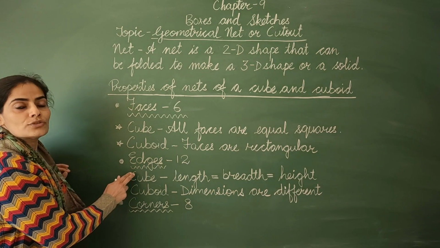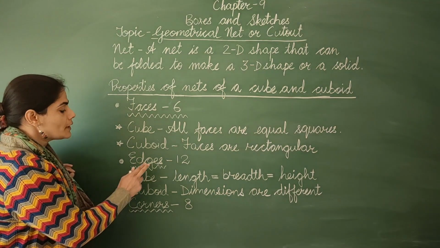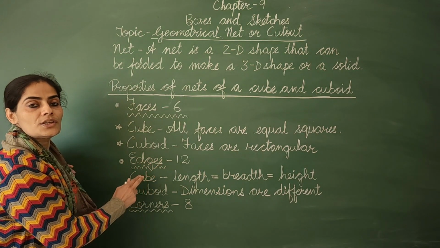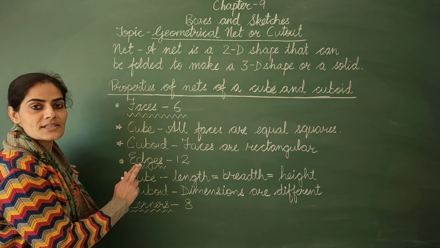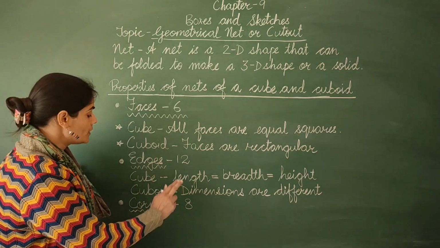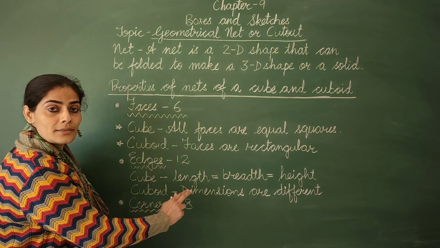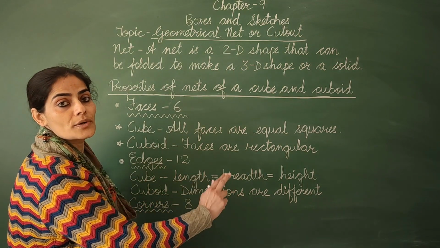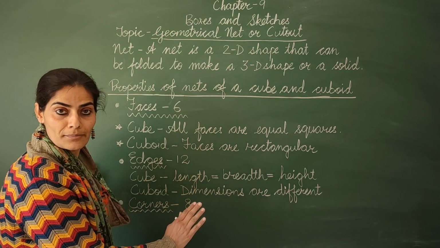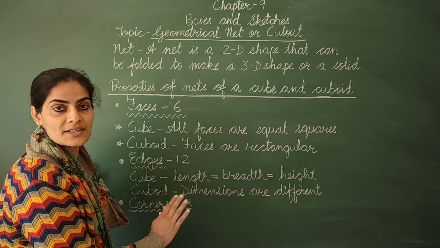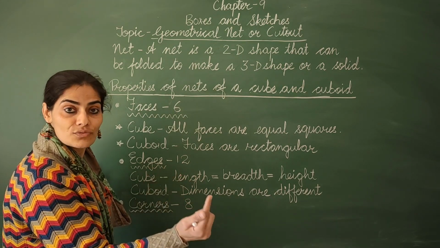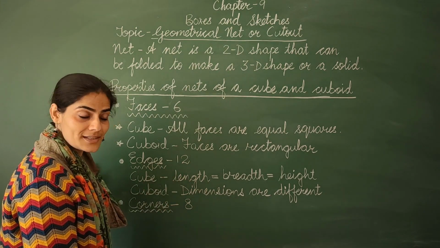Now we move to the number of edges. The number of edges in a cube and cuboid are same. They are 12. But in a cube, length is equal to breadth is equal to height. All the 3 dimensions are equal in a cube, as all its faces are equal squares.